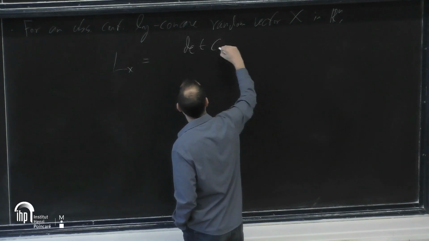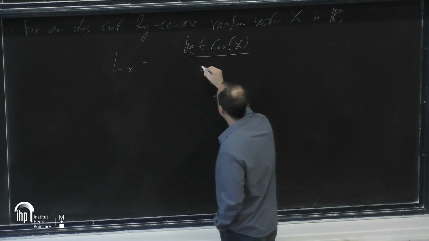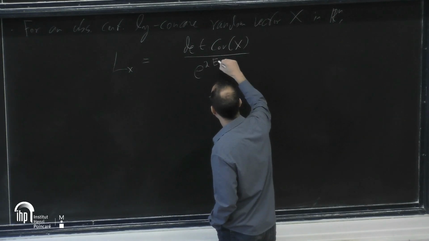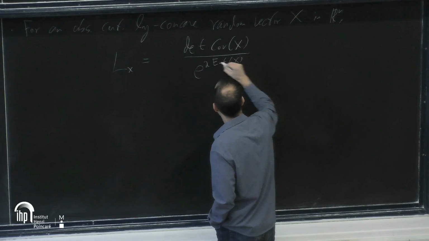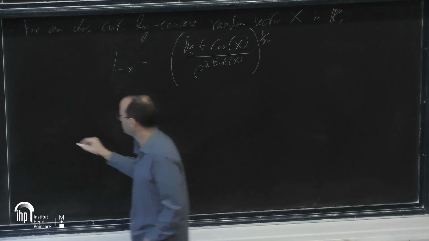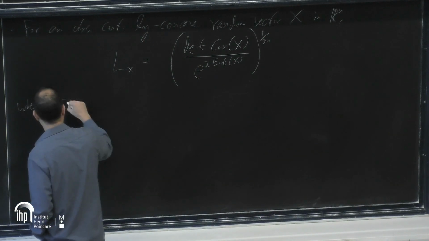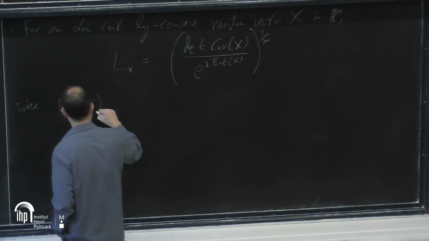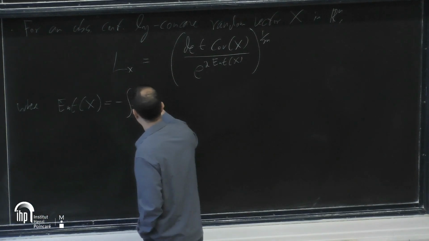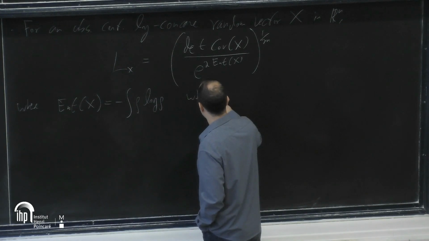You look at the covariance, and you should divide, apparently, by e to the twice the entropy of X, where the differential entropy of X is minus the integral of rho log rho, where rho is the density of X.